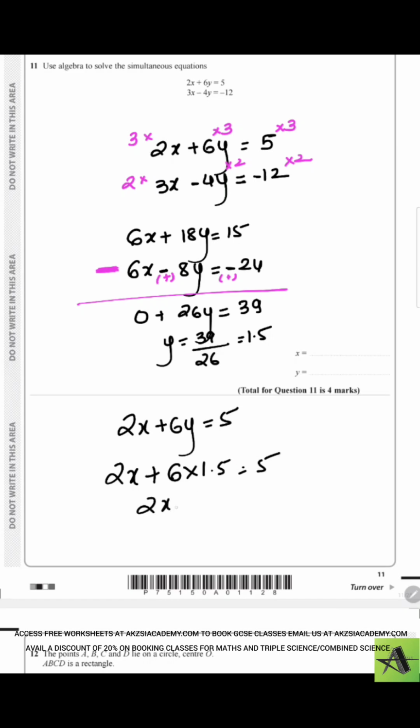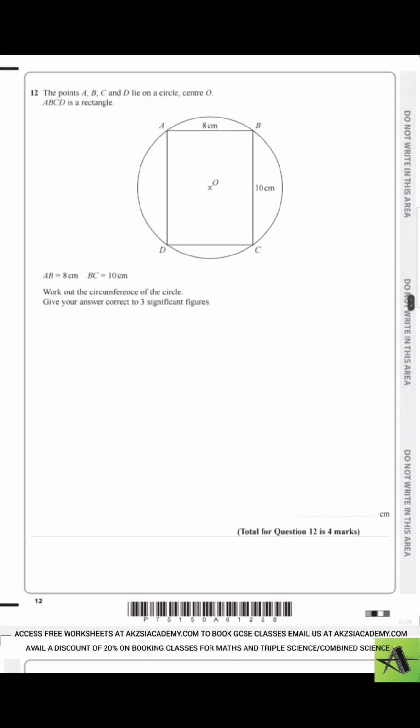So 2x plus 9 equals 5. Bring it here. 2x equals negative 4 and x is equal to negative 2. So the two values are x is negative 2 and y is 1.5. This is how we can solve any linear simultaneous equations.